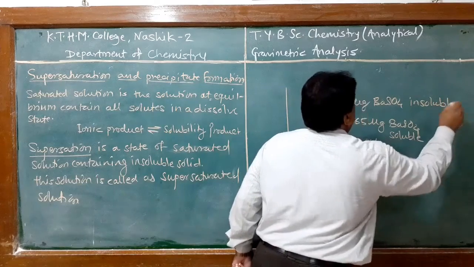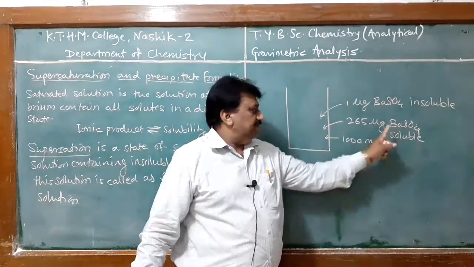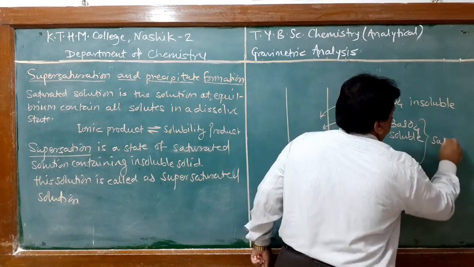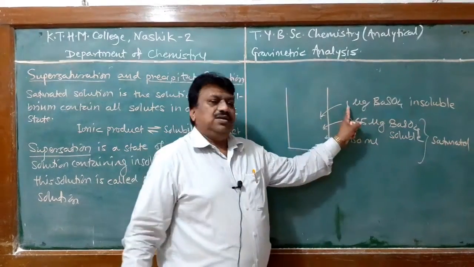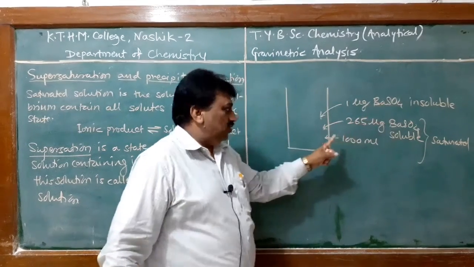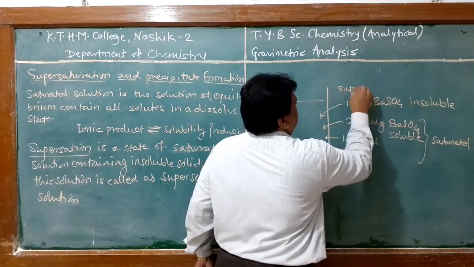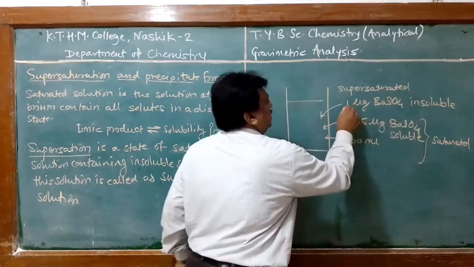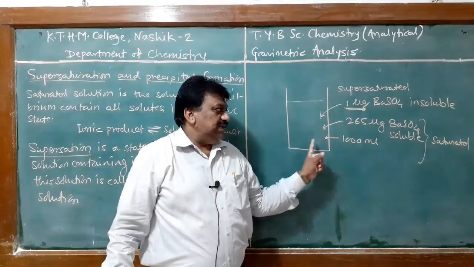When we add 265 microgram of barium sulfate in 1 liter water, then that solution is a saturated one. But when extra 1 microgram barium sulfate is added to this solution, that solution becomes supersaturated. Because here this 1 microgram of barium sulfate remains insoluble in this solution.